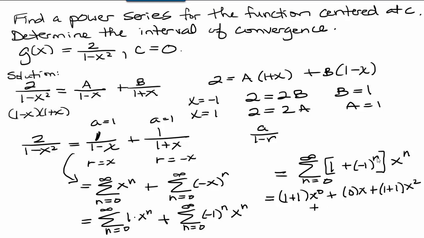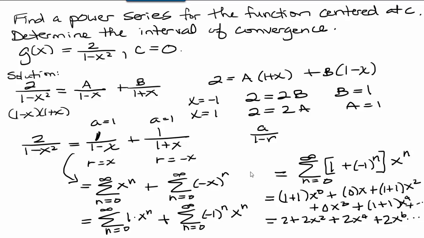The odd powers will result in a 0 term, so 0x cubed, and the even powers are going to result in a 1 plus 1 coefficient. So what we have is 2 plus 2x squared plus 2x to the fourth plus 2x to the sixth, and so on. So how would you write that as a series?